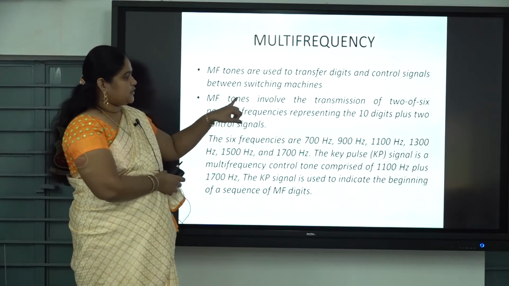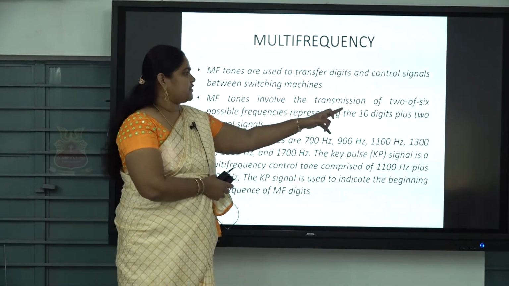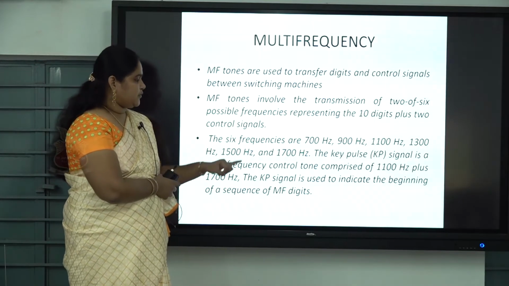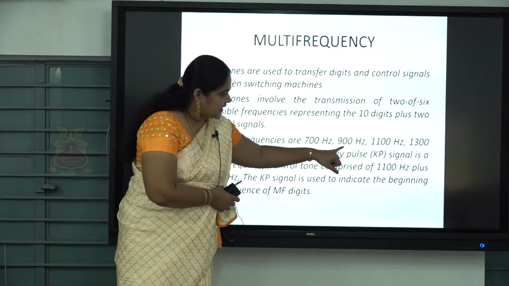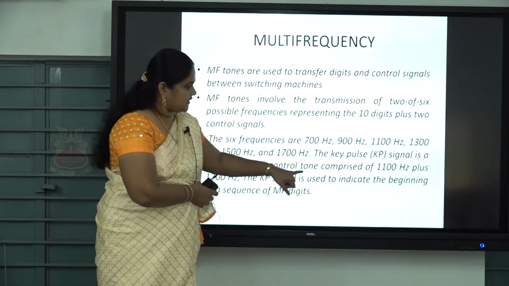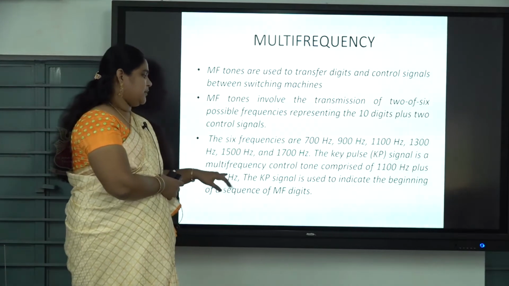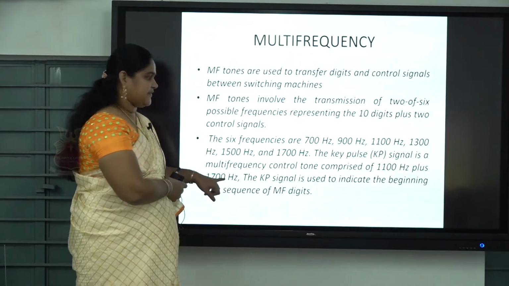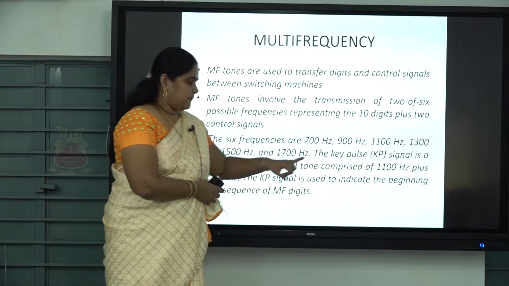Multi-frequency tones involve the transmission of 2 of 6 possible frequencies. The 6 possible frequencies are 700, 900, 1100, 1300, 1500 and 1700 Hz. For the key pulse signal, we add 1100 Hz plus 1700 Hz.